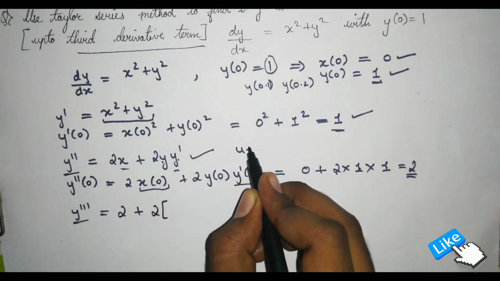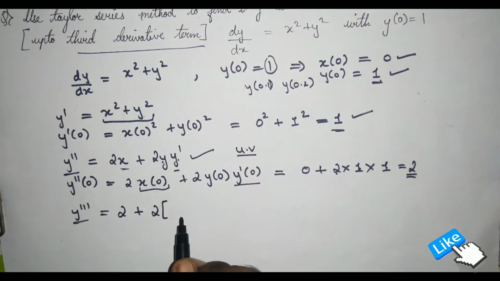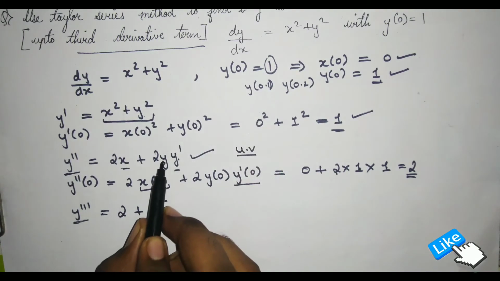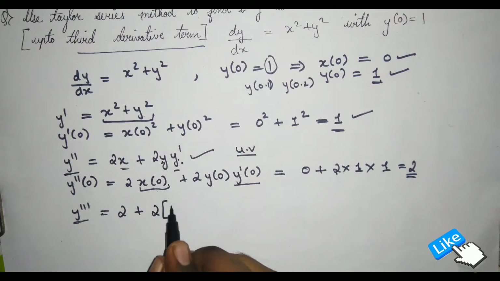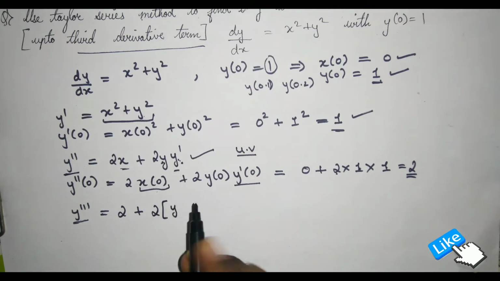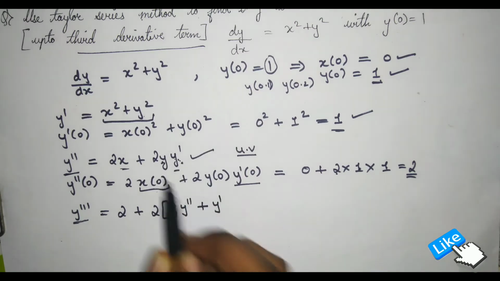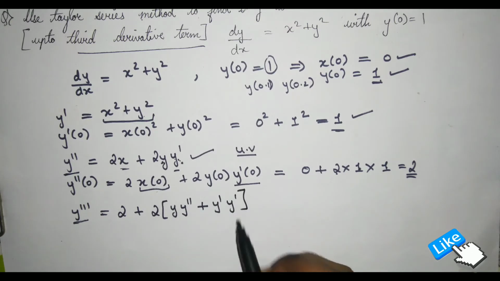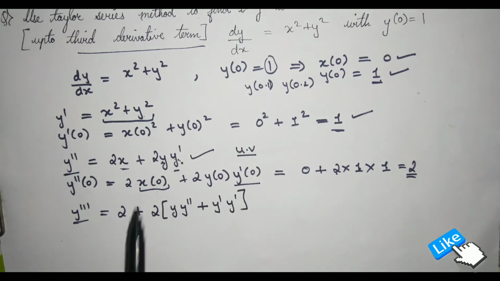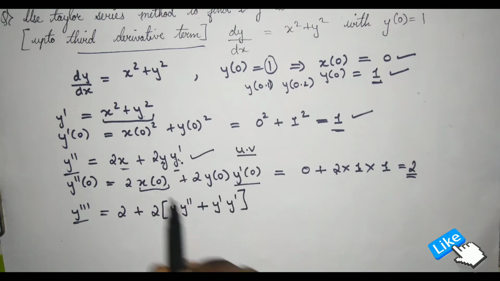Here you have to apply the UV rule of differentiation. First as it is, differentiation of second, that is y double dash, plus second as it is, differentiation of first, again y dash. Differentiation means just differentiate with respect to x.